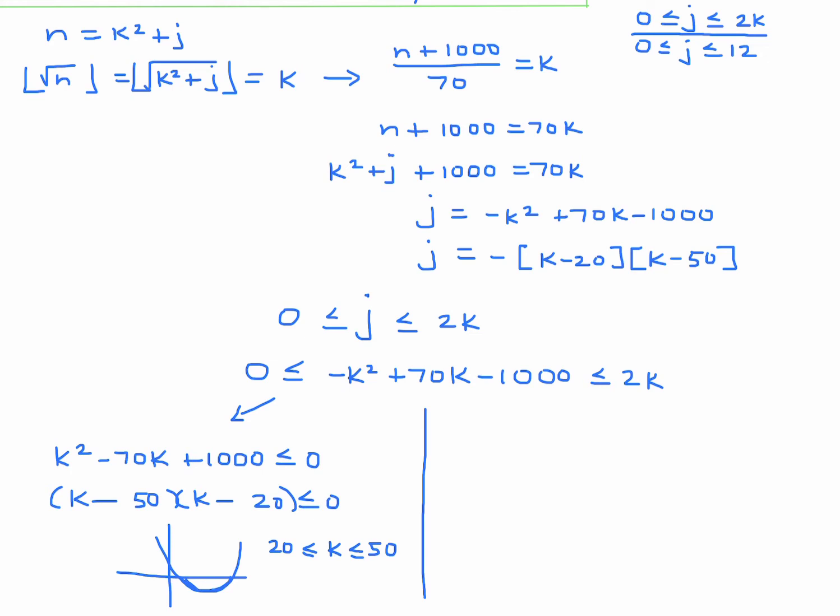Pretty decent. Now let's do this one. This one, multiply through by negative 1 to get minus 70k plus 1,000. Switch the sign, minus 2k. And then add 2k to both sides, and we get minus 68k plus 1,000 is greater than or equal to 0.